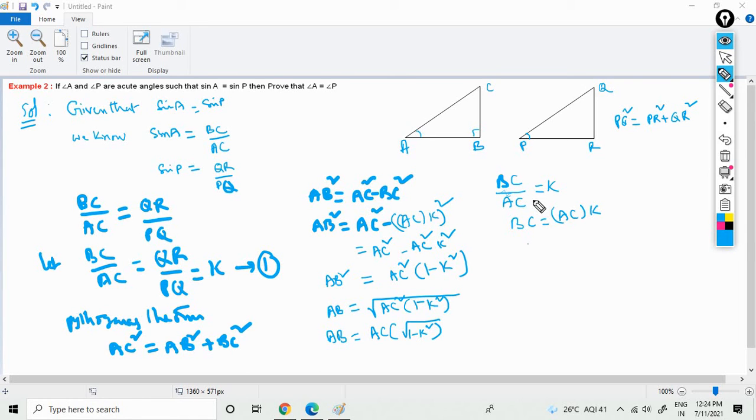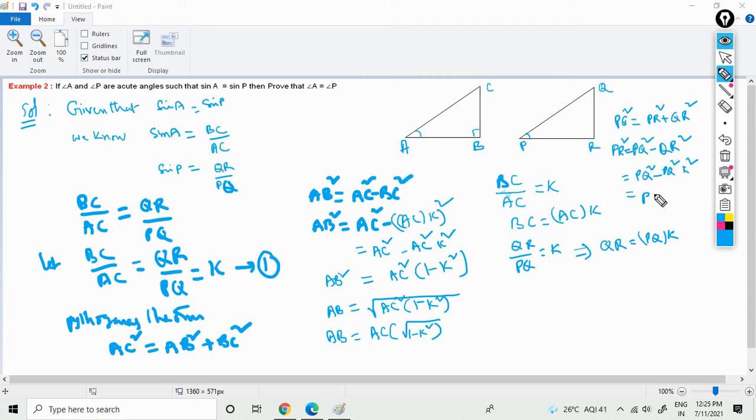So if you look at this equation, similarly to how you got here, QR by PQ is equal to K. So from this, QR is equal to PQ into K. So from this equation, PR square is equal to PQ square minus QR square, which is PQ square into K square.